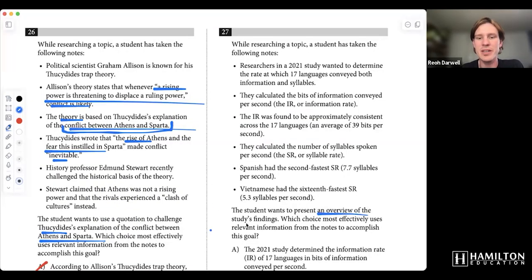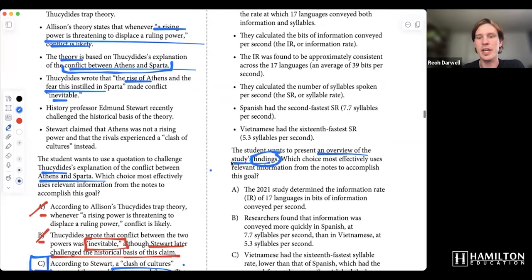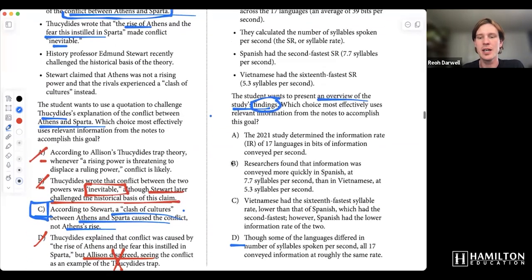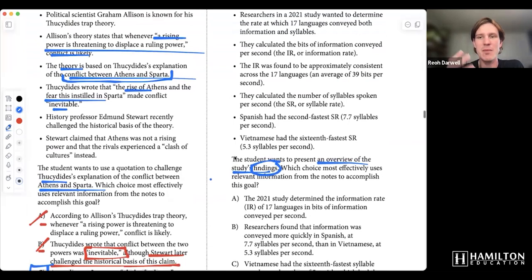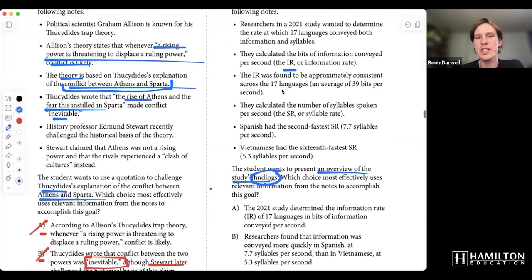All right, so 27, we're asked to give an overview of the study's findings. So we want to focus on the findings here. What are the findings? Basically, we have the same rate of IR, meaning information conveyed per second, information rate, across all 17 languages, despite the number of syllables spoken.